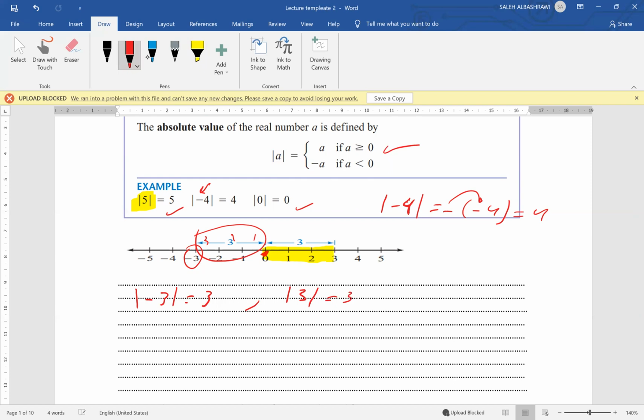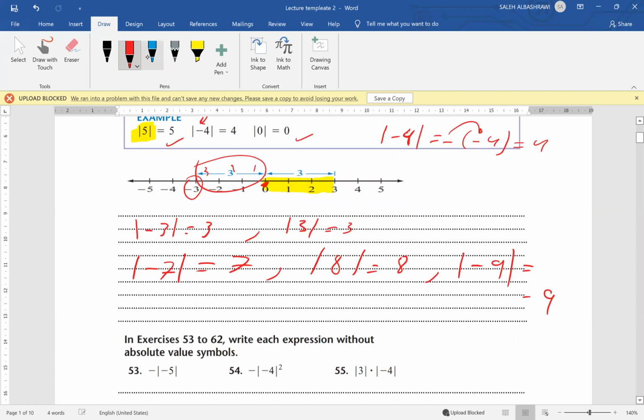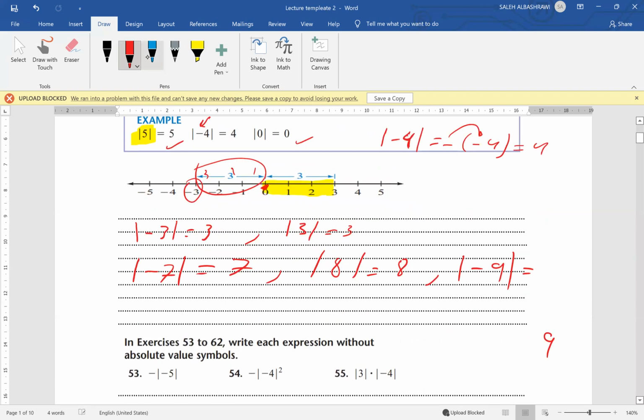Another example, let's say the absolute value of minus 7 is equal to 7. The absolute value of 8 is equal to 8. The absolute value of minus 9 is equal to 9. So if it is negative, you just write it as it is, or multiply by negative to make it positive.